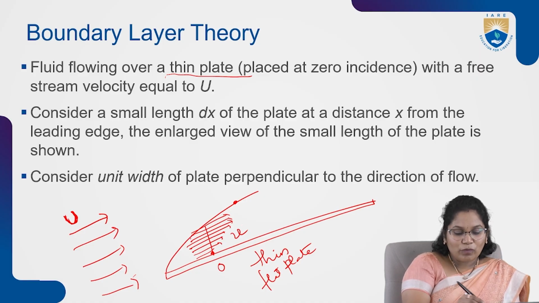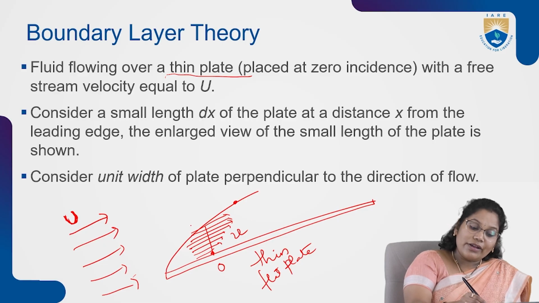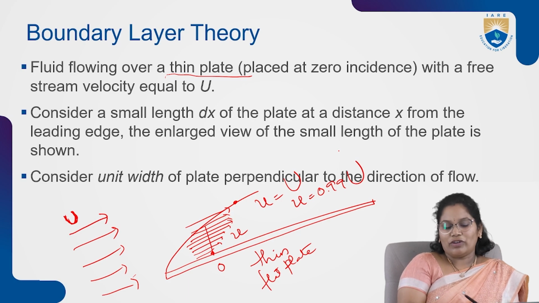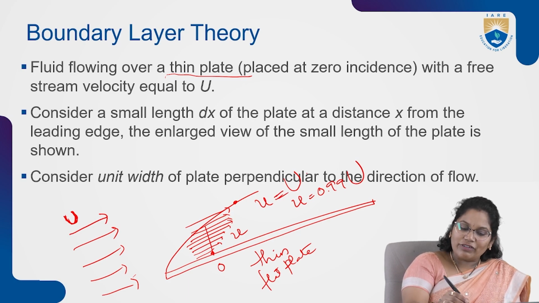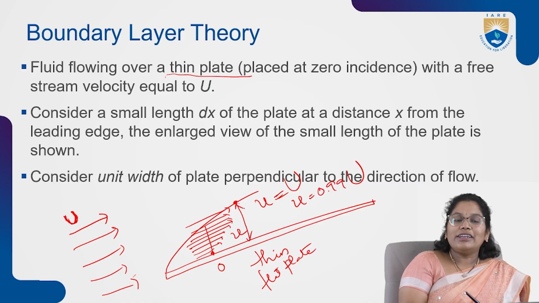When the velocity variation becomes the main stream velocity, that is, when u becomes capital U, or u is equal to 0.99 of capital U, the free stream velocity, then this complete distance we call the boundary layer thickness.